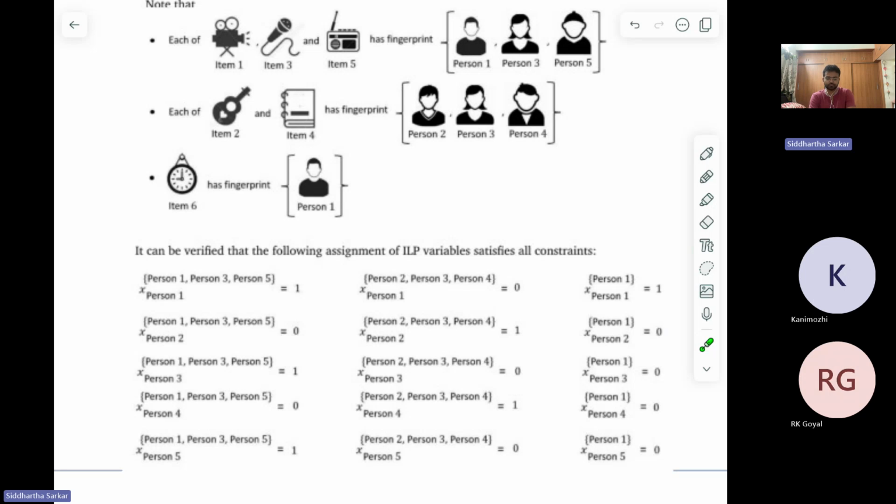Similarly, the second item can be distributed in 3 ways, and item 2 can be distributed in 2 ways. So 6 ways, six more, 6 plus 6, 12. And item 6 can be distributed in one way only. So 12 plus 1, 13. 13 number of ways, I guess.